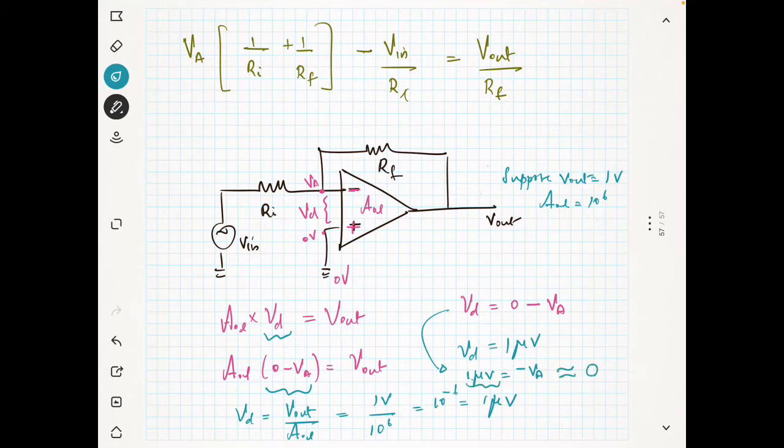That means my VA is approximately equal to 0. When this voltage is 0, my VA is also approximately 0. This is due to the high gain of the op amp and the feedback. So my VA is approximately equal to 0 because of the virtual short.